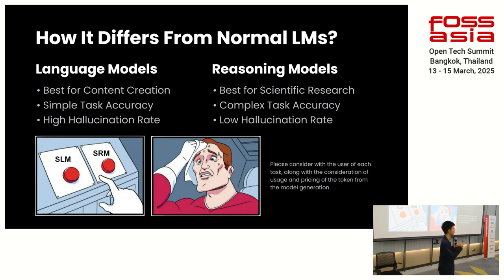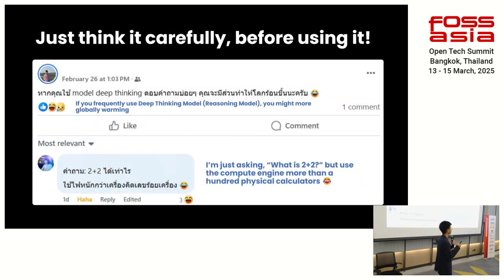However, you need to make considerations between using language models and reasoning models, because they come with a price. Yeah, because if you ask a simple thing like 2 plus 2, it might compute in many ways because it processes and thinks a lot to make sure that 2 plus 2 is 4.